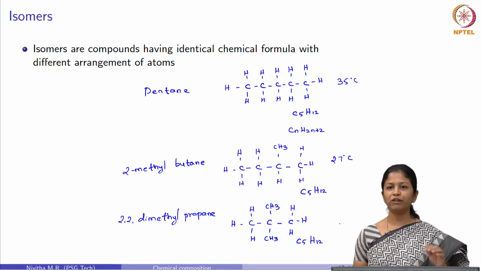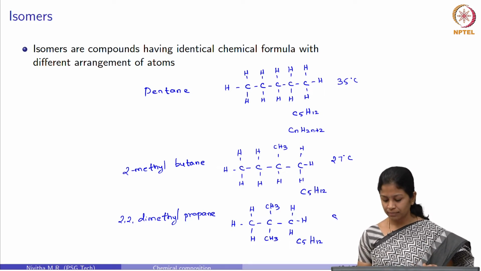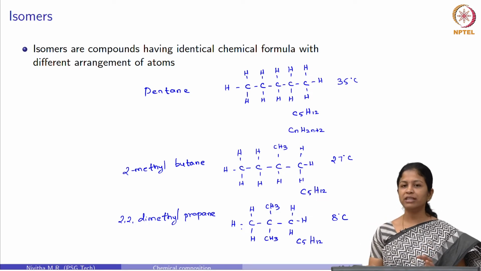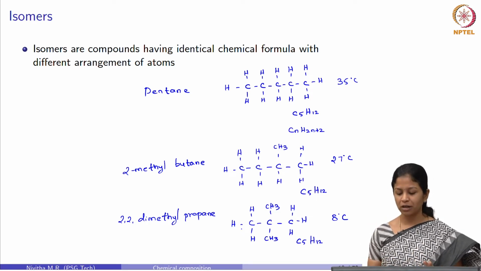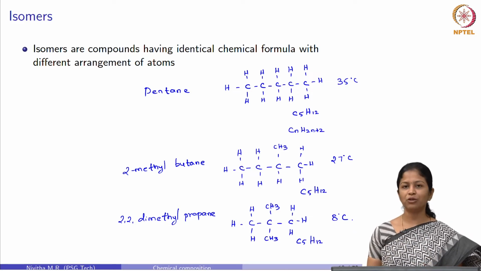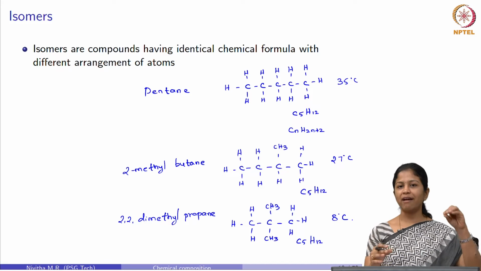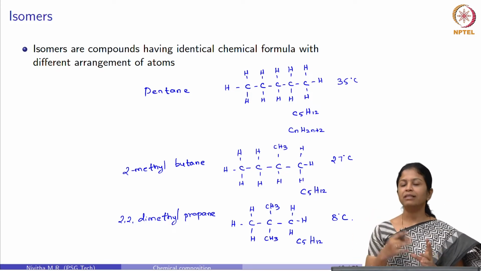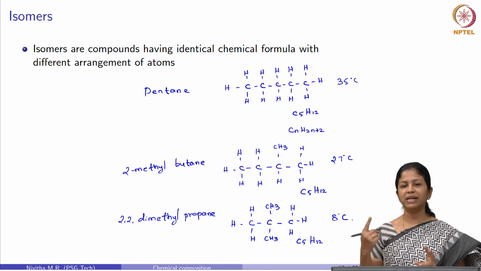But the boiling point of this particular material is 8 degrees Celsius. So, depending upon the structural arrangement of these molecules, the physical property is going to be completely different. This is the significance of isomers. Two molecules can have the same chemical formula, but depending upon the arrangement, their physical properties will be completely different.